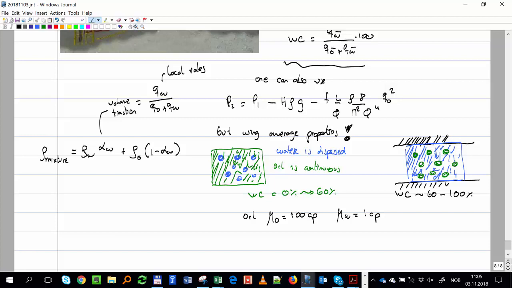So that tells you if you have a lot of water, so if alpha of the water is similar to 1, then the density of the mixture will be very similar to the density of the water. If alpha of the water is similar to 0, density of the mixture will be similar to the oil.